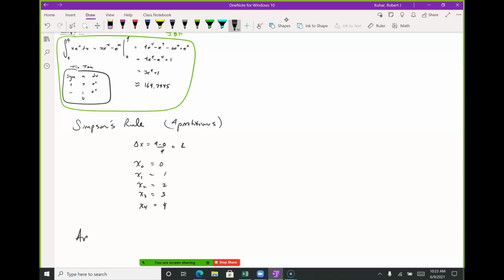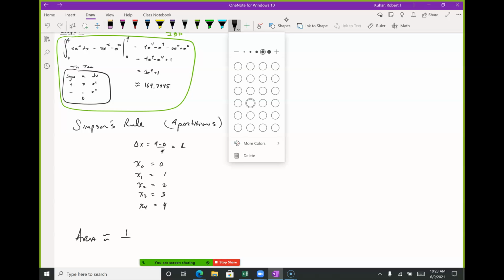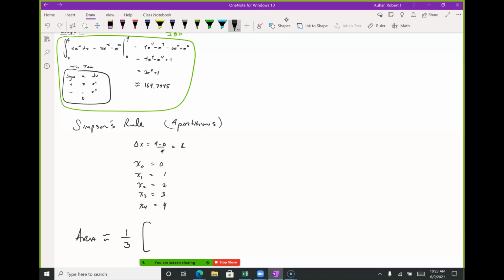So our area now is approximately equal to 1 over 4. Remember, it's not 1 over 4, it's 1 over 3, right? Delta x over 3. Remind me, please. Yeah, delta x over 3. So 1 over 3. And then I need coefficients of 1, 4, 2, 4, 1, right?